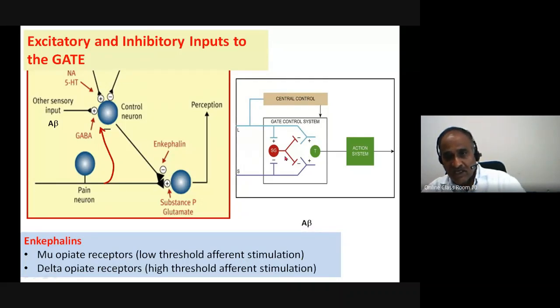I mean to say that low threshold is the large diameter, that is the mu receptors here, and high threshold is the small diameter. These are delta receptors of the morphine-like compounds or opiates. This is mu here, and this is delta here. So both are inhibitory, but they would either open or close the gate.